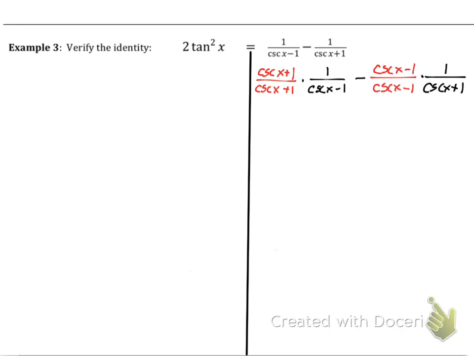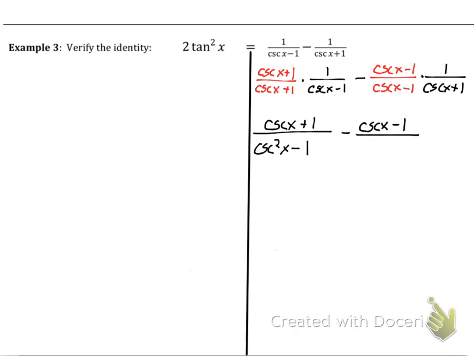So on the top of my left-hand side, I'm going to have cosecant x plus 1 all over, well, that's once again a difference of squares. I have something plus 1, something minus 1. So it's going to be that first thing squared, so cosecant squared x, minus 1 squared, which is just 1, minus cosecant x minus 1, all over the exact same thing.